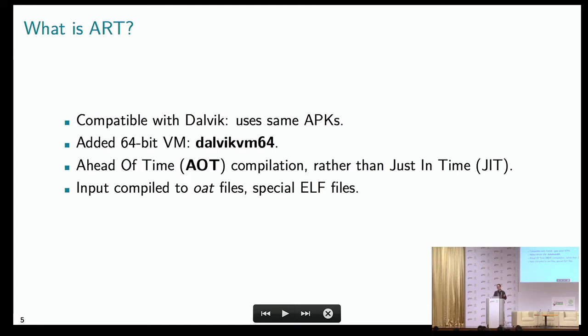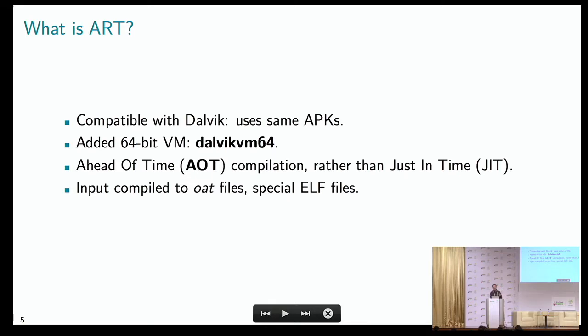So this means that while Dalvik basically provided a virtual machine which was executing the applications, and then had the just-in-time compiler, which was observing the execution, finding the patterns which were more frequently executed, and compiling these just-in-time, Art works differently.